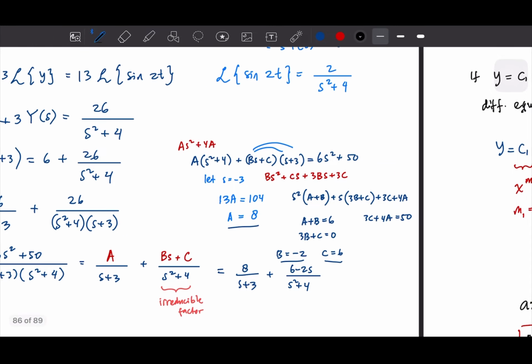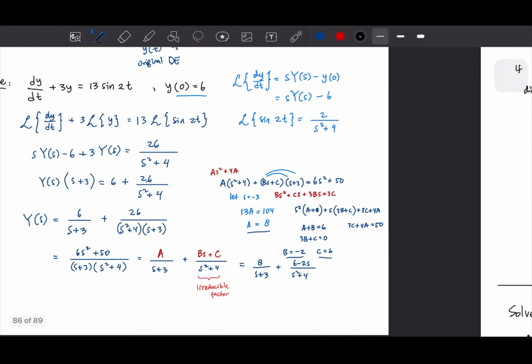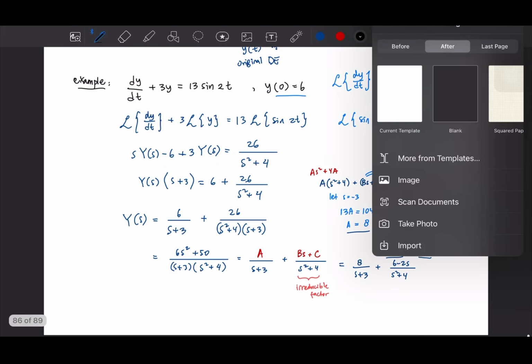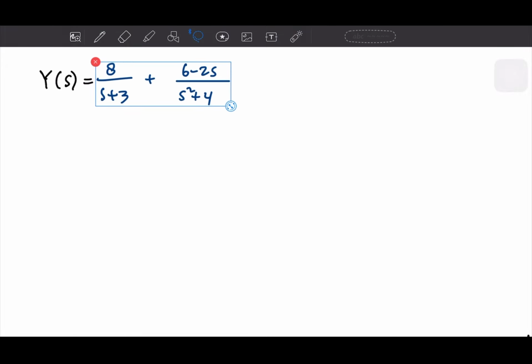So let me write right here, on different colors. I think it's okay.